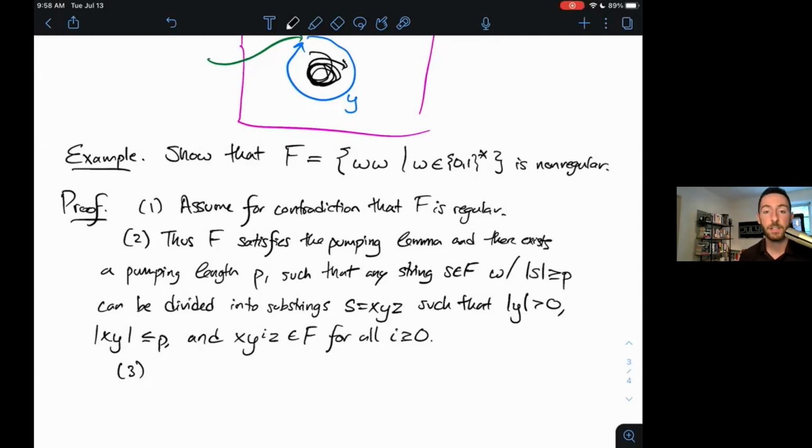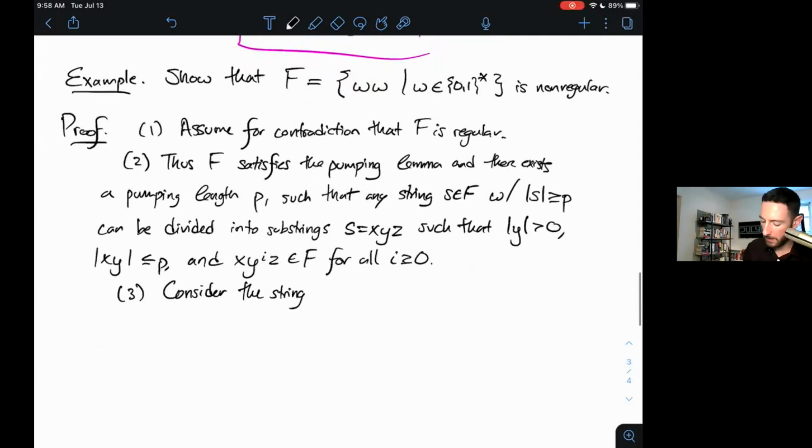And in this case, the non-regular feature is that we might have two arbitrarily long strings that must be the same. So we'll consider the string S equals 0^P 1 0^P 1.